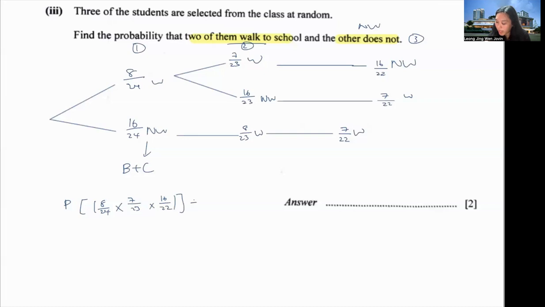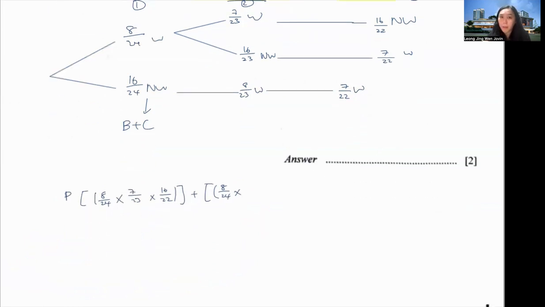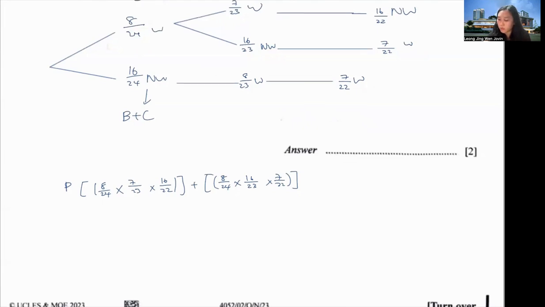Then next, I'll add the probability of 8/24 multiplied by 16/23 multiplied by 7/22. So that is my second condition: walker, non-walker, walker. So it still fits my criteria. So yes, these are the three numbers that I need.